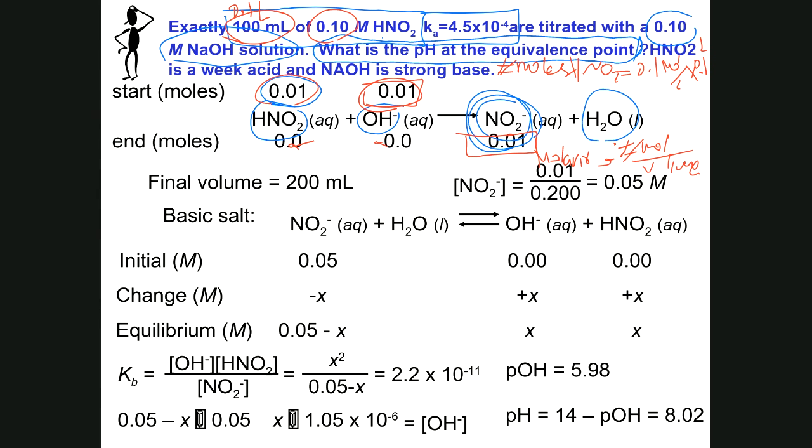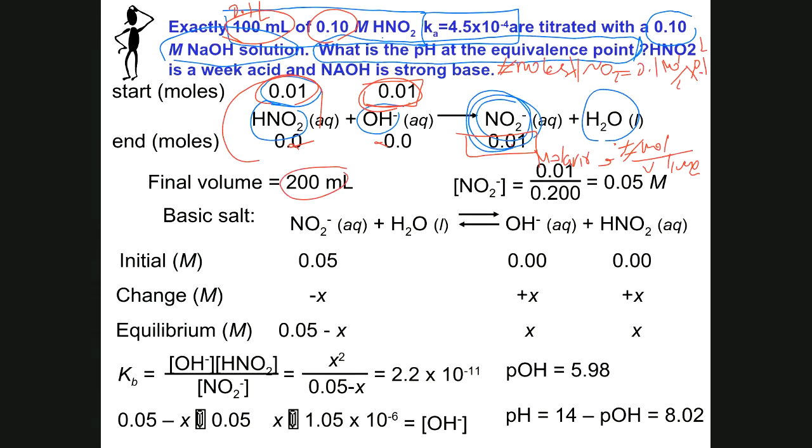So number of moles we have, what's the volume? We have 100 milliliters of the base added together, because the concentration is the same, the volume is going to be the same, so we have to add 100 milliliters of this base in order to neutralize all the acid. Then we have 200 milliliters as the final volume.